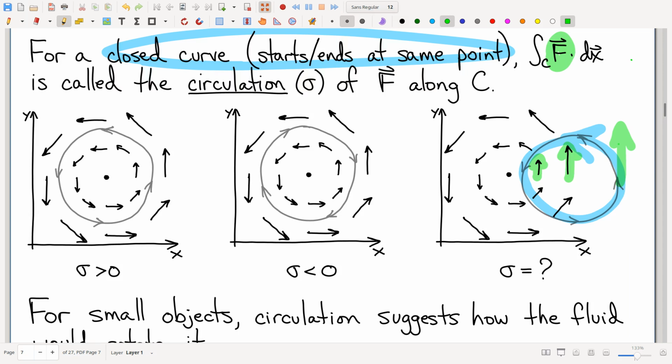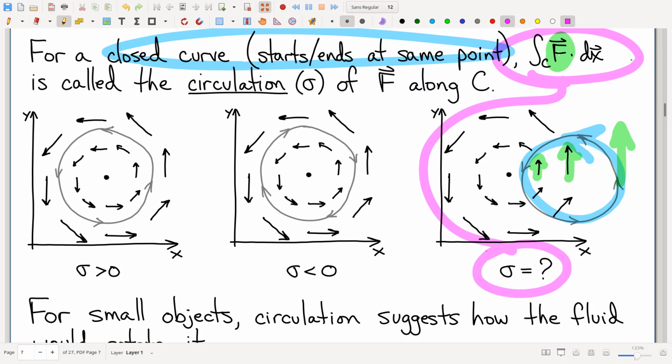In some places, the fluid is flowing with the direction of the curve. So some terms here are going to be positive, some are going to be negative, and at a quick glance, it's not immediately clear whether this is going to be positive circulation or negative circulation. So the circulation here, who knows? And sometime soon we'll be able to take a slightly different point of view on how to answer a question like this. But for the moment, we just have to throw up our hands.